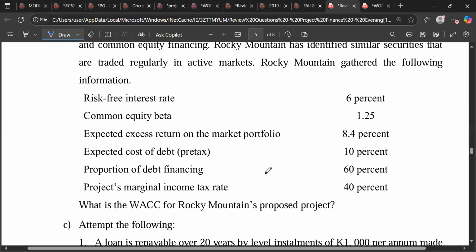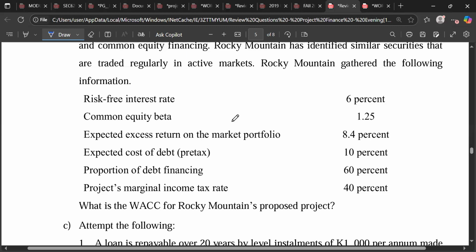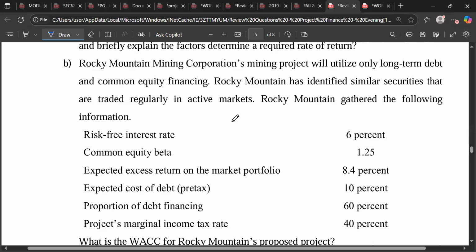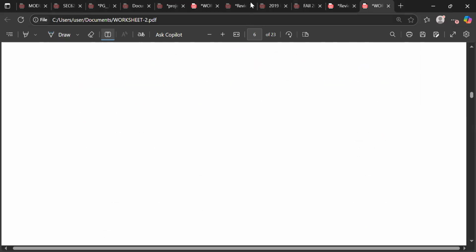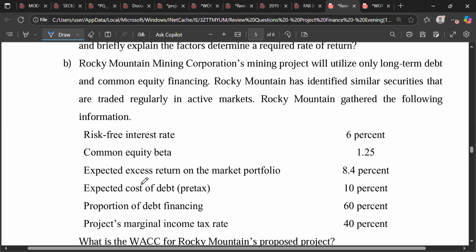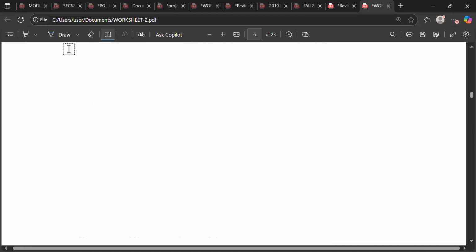So this is why it gets tricky, right? Before we get into this, I want to note down how they're using this. Remember, they're going to combine both long-term debt and equity financing here. Because they're employing both, they'll apply the use of what is called a capital structure. The capital structure will look like a pie.